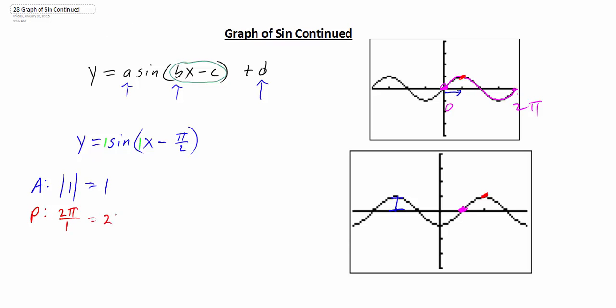So notice we haven't changed the amplitude, we haven't changed the period. If we think from this point, from valley to valley, we still have a period of 2 pi. You could also look at the period going from peak to peak, and that distance would be 2 pi. All right, now D, we haven't moved up or down.